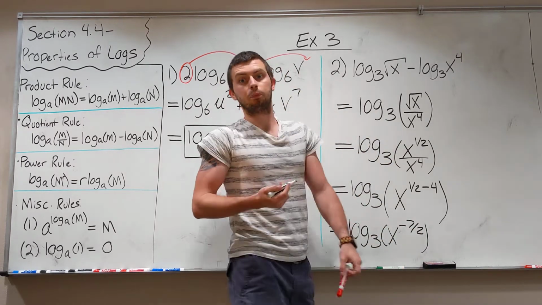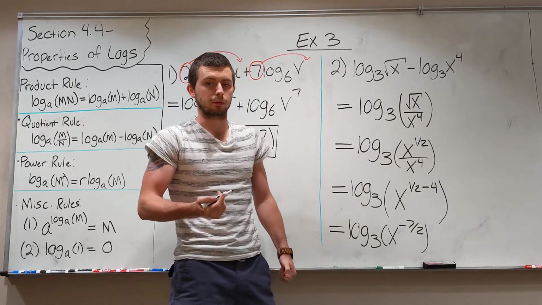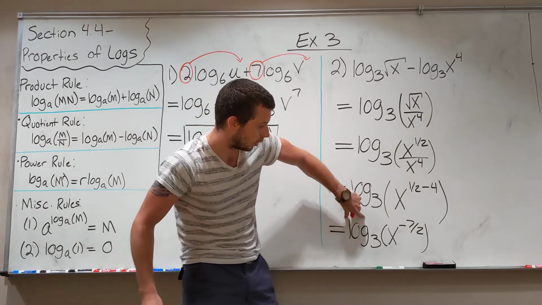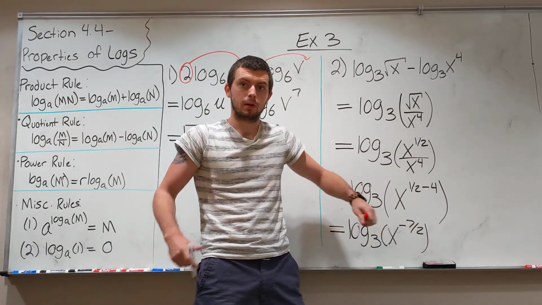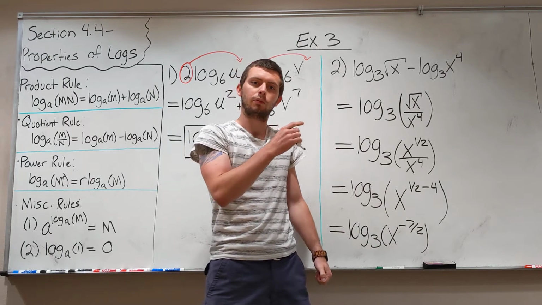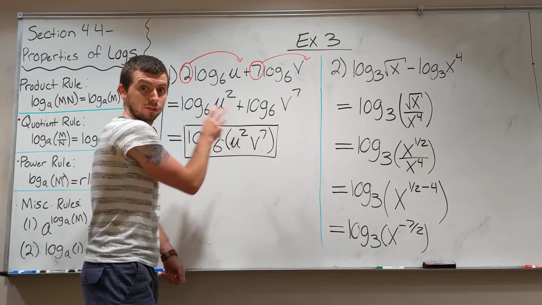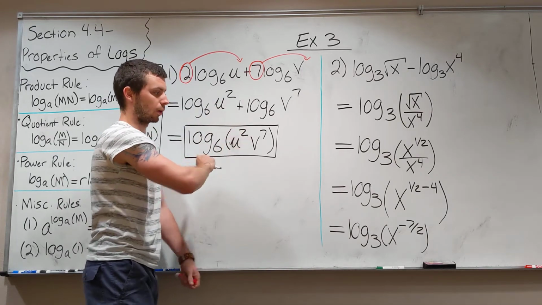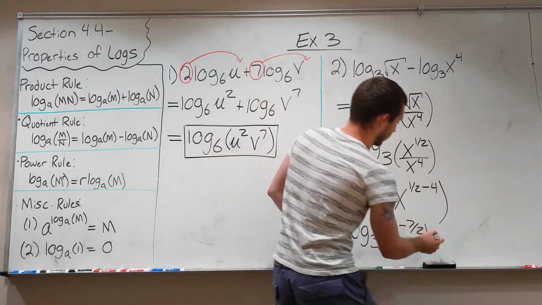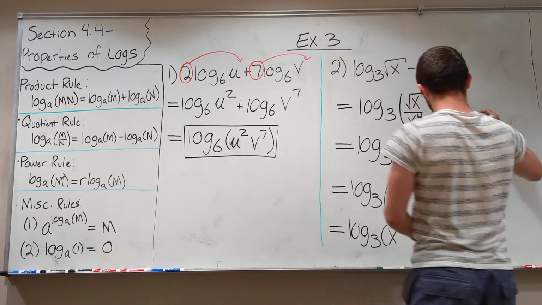But it does say express powers as factors. And since this is the log of an exponent, that means we can take the exponent and bring it to the very front. Before, we didn't have a singular exponent to bring to the front, but now we do. And we're going to utilize that right here.